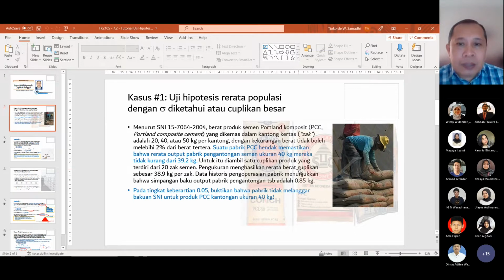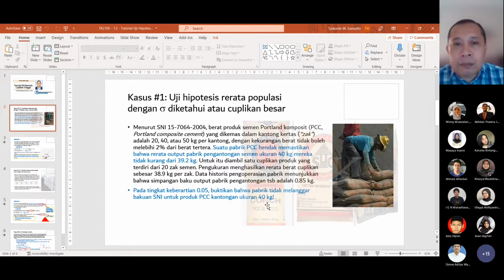And it turns out that the sample average of that 20 sacks of cement is 38.9 kilogram per sack. Now, based on historical record of the plant, the population standard deviation, the sigma, is known to be 0.85 kilogram.